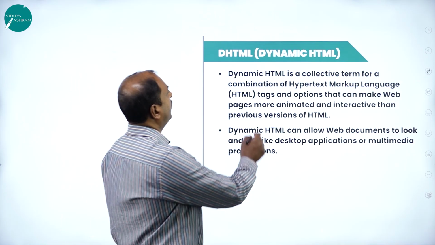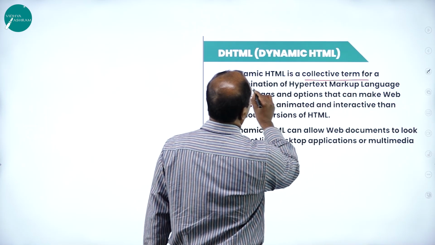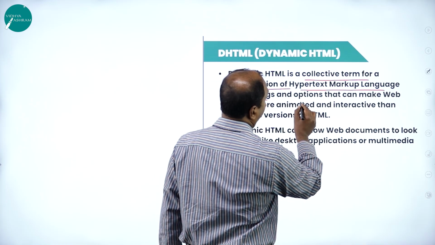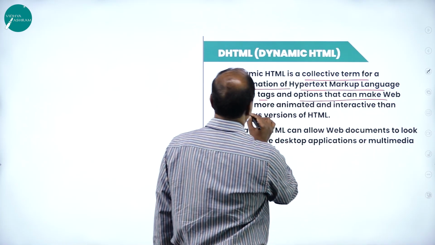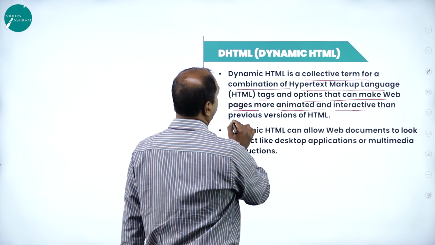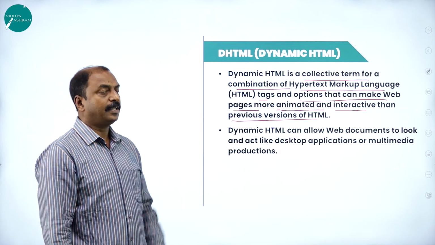Now, dynamic HTML is a collective term for a combination of hypertext markup language tags and options that can make web pages more animated and interactive than previous versions of HTML. So this is the advantage of DHTML.